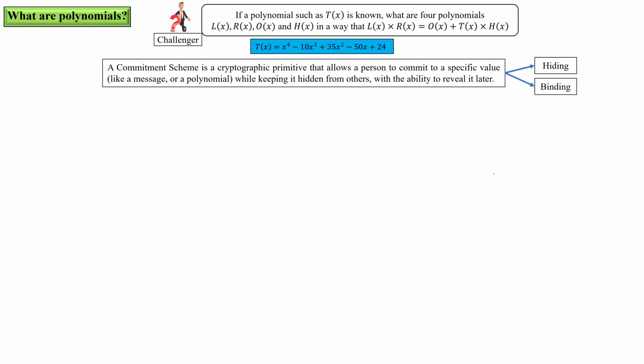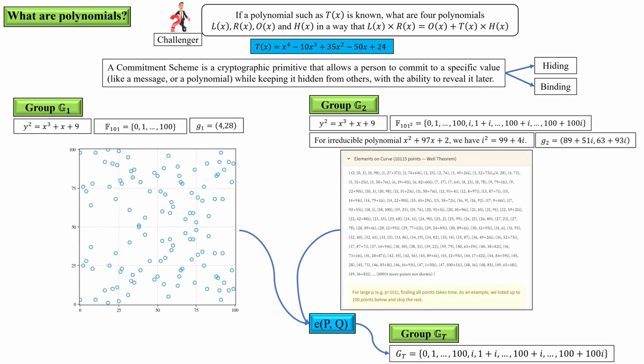Okay, let's see the example for the commitment scheme. To do the commitment scheme, we need all the previous knowledge that we discussed in the previous 4 lectures: the concept of field, the concept of proof, the concept of elliptic curve, and the concept of pairing.